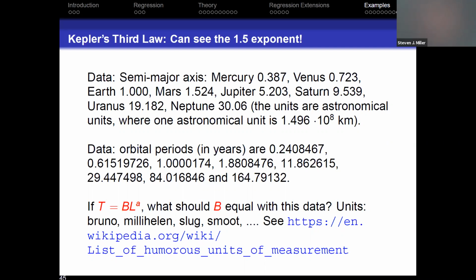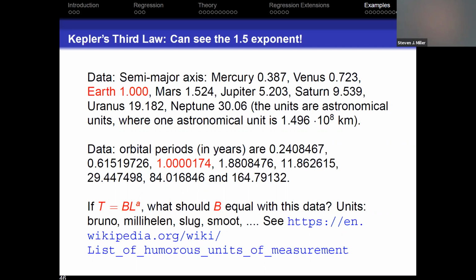And it's because we're using good units. There are a lot of interesting units. If you want some good ones to look up, there are the Bruno, the millihelen, the slug, the smoot. I've given you a link where you can find out more about some fun units of measurement. I'm going to highlight one of the planets, Earth. We've chosen the length of Earth's semi-major axis to be 1.000.